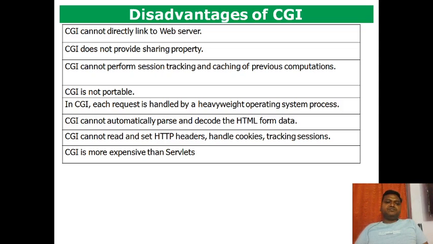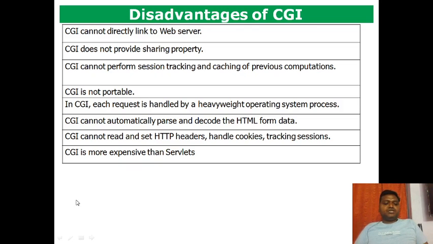So the disadvantage of CGI is it cannot directly link to the web server. You require some mediator. CGI does not provide sharing property. It cannot perform session tracking and caching of previous computations. It is not portable. What is portable? Platform independent. CGI is not platform independent, it is platform dependent.